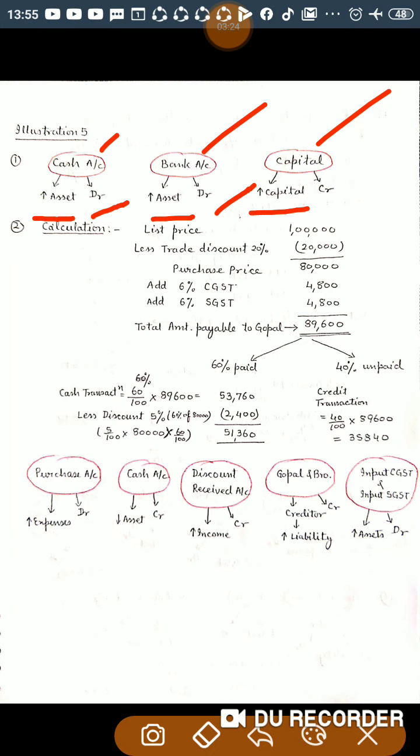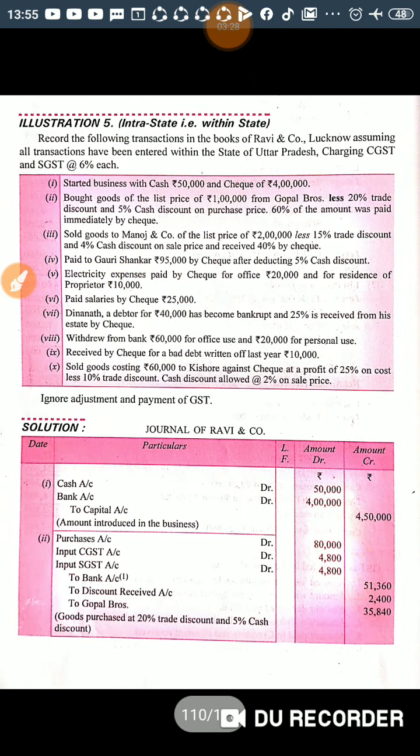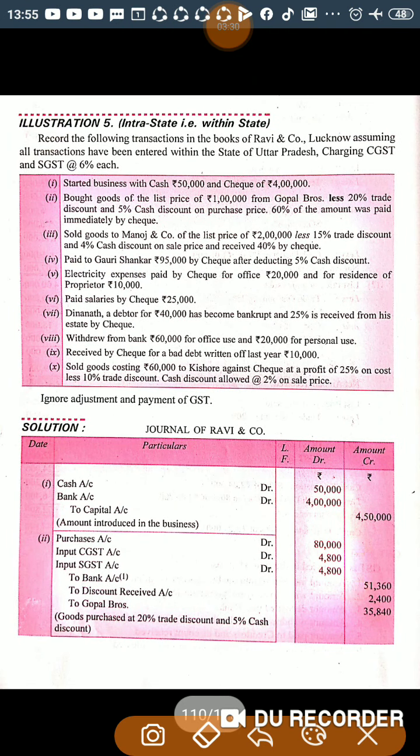Capital is increasing in the business, so it should be credited. So the journal entry for the first transaction is: cash account debited with 50,000, bank account debited with 4 lakh, to capital account 4 lakh 50,000, being capital introduced in the business.